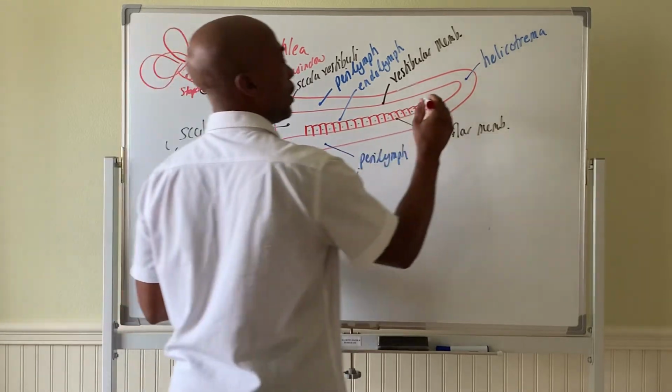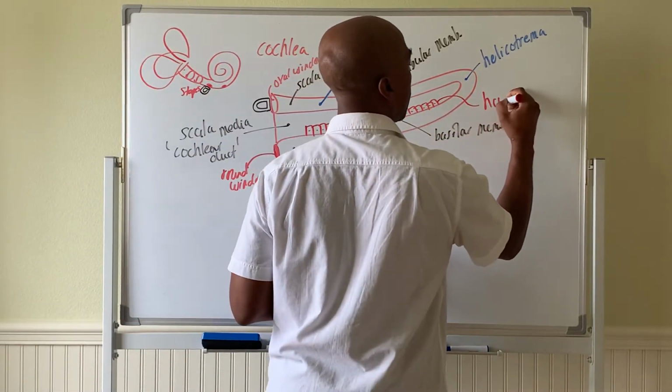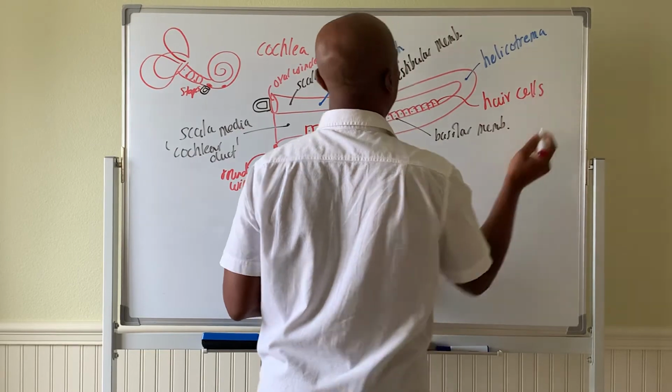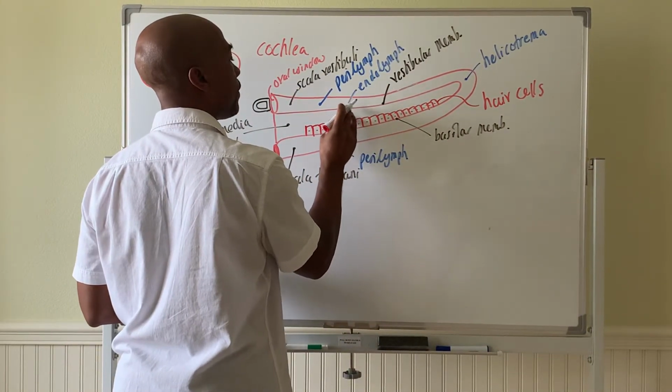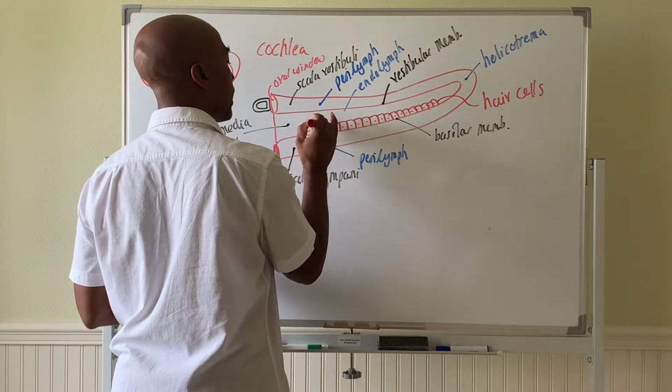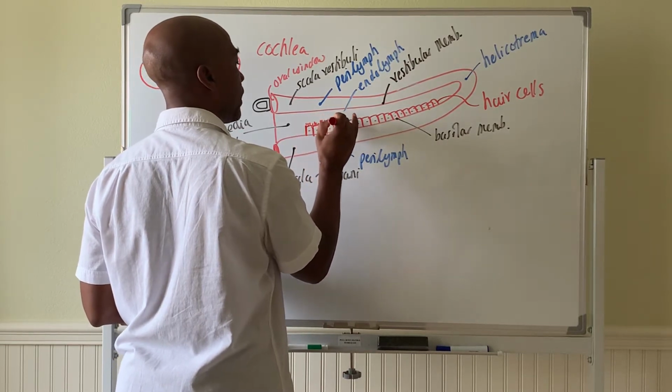These hair cells have little things that stick up called cilia or stereocilia.